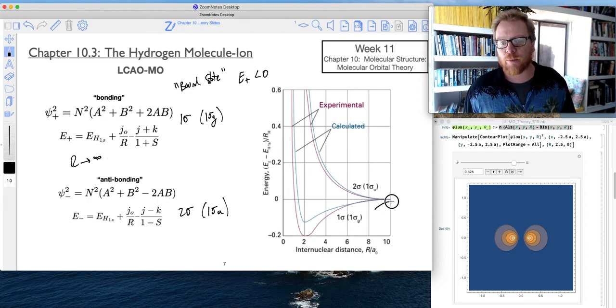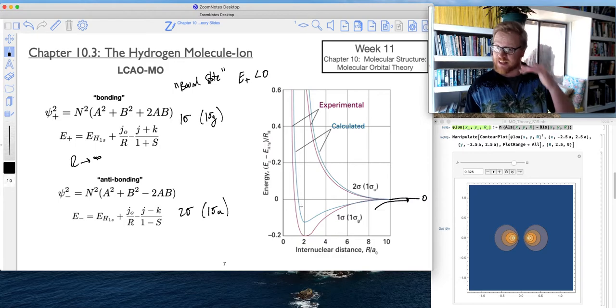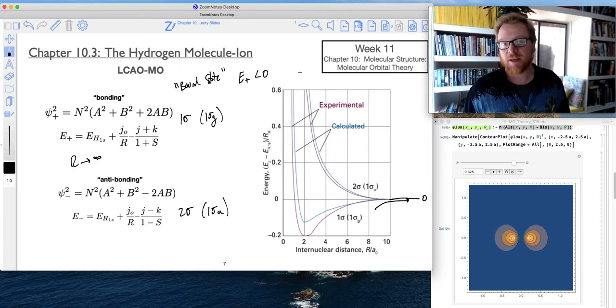As R approaches these values way out here, you can see that both of these are approaching 0. And that's because of the way this Y scale has been plotted. This Y scale is this E plus minus the EH1S. So if we had not included that, we would not get this E less than 0 for all bound states. However, subtracting out that atomic contribution, we recover that boundary condition, that the energy is negative for all bound states.